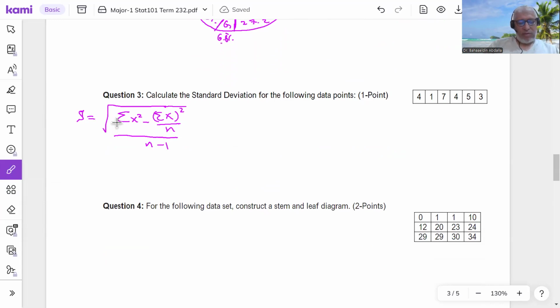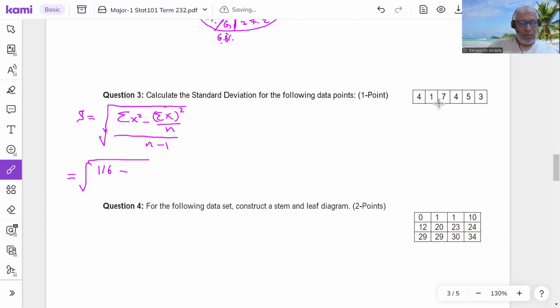This is one formula. Summation x square means 4 square plus 1 square plus 7 square plus 4 square plus 5 square. Use the calculator. You will find that the sum of all the squares is 116.